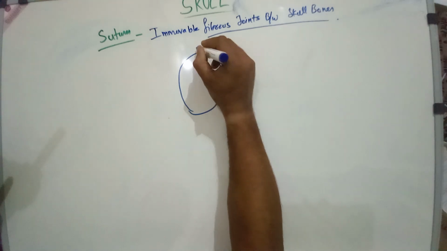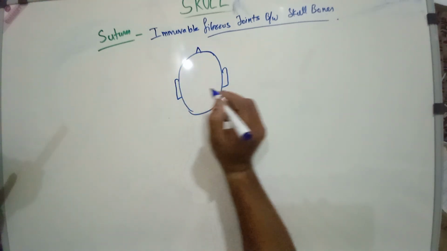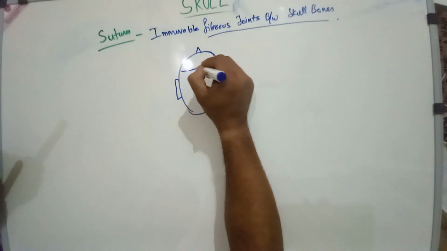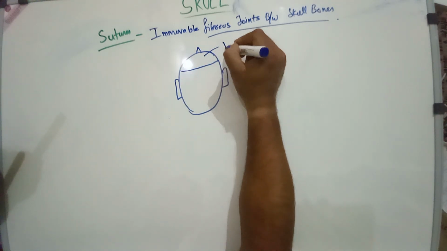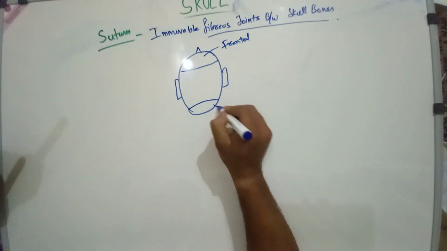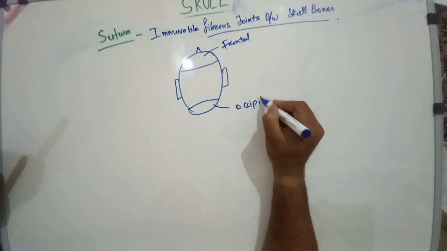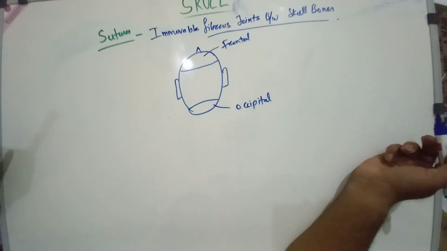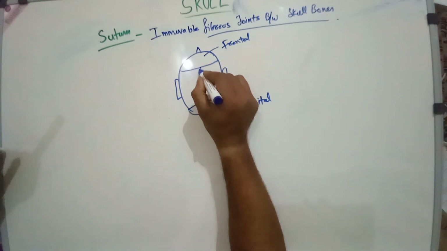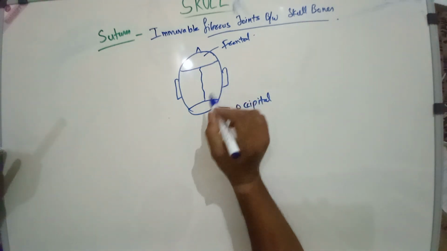Let's discuss. This is nose, ear, and which bone is this? This is frontal bone, and this one is occipital. Now you tell me, is occipital a paired bone or unpaired bone? This is unpaired bone.